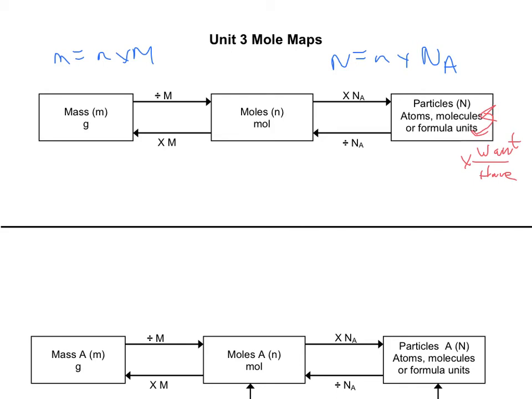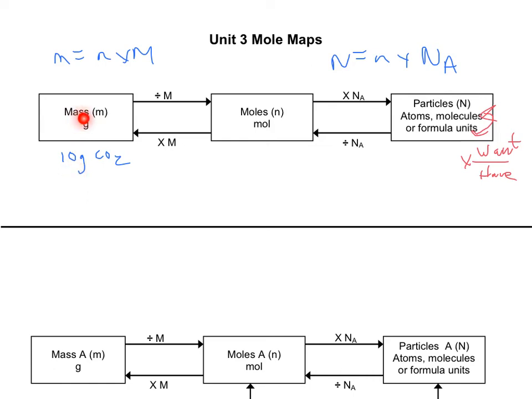Remember my example? If you've got 10 grams of CO2, how many oxygen atoms are there in the sample? Using the mole map, it tells us what to do. We're going to start here in the mass box because that's what's given to us in the question.